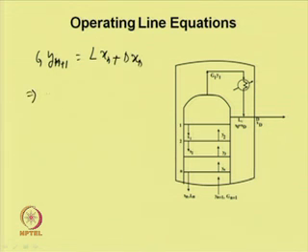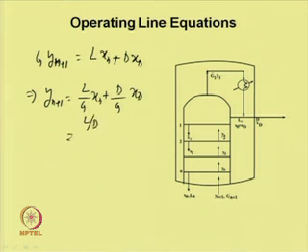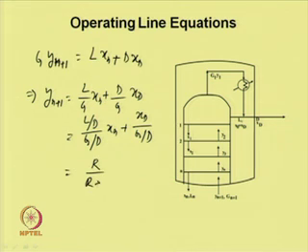From this we can write y n plus 1 is equal to L by G x n plus D by G x d. So, we can write L by D divided by G by D into x n plus x d by G by D. So, this is equal to R by R plus 1 x n plus x d by R plus 1.